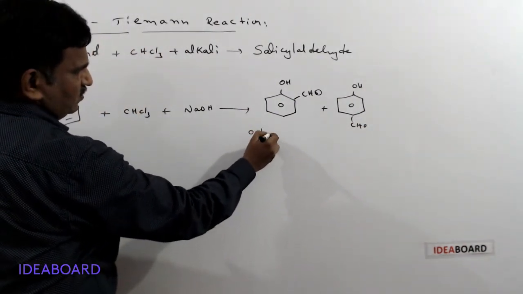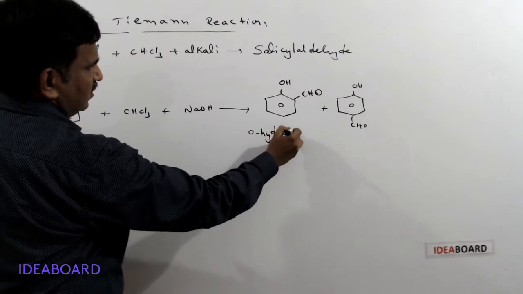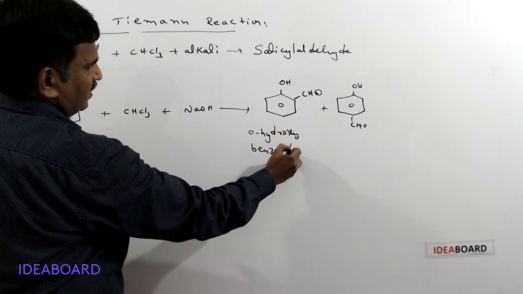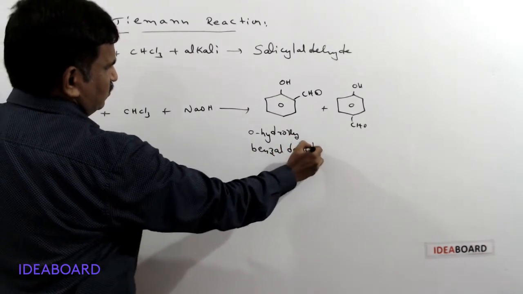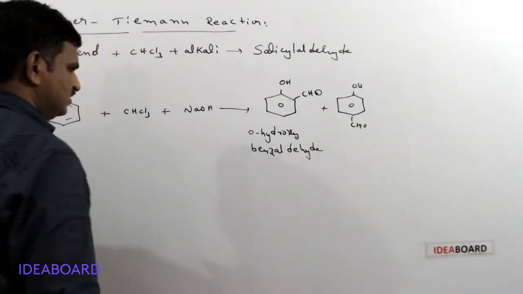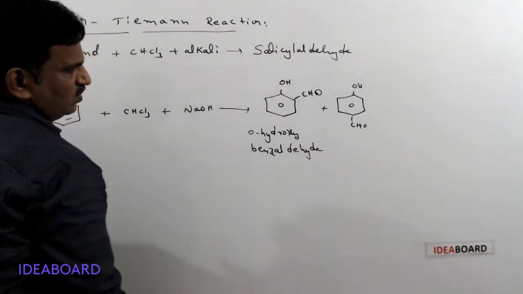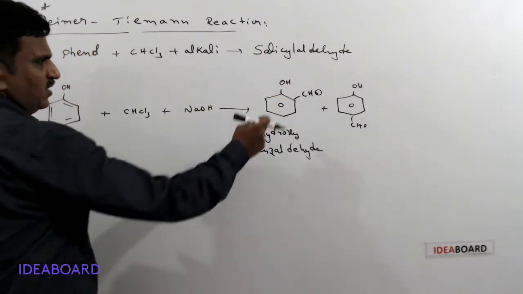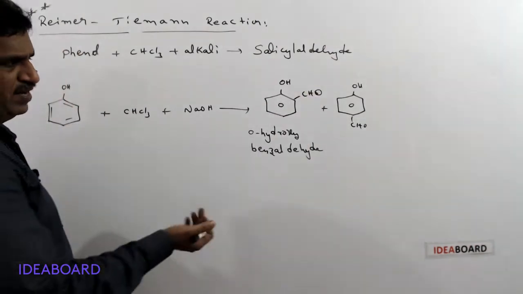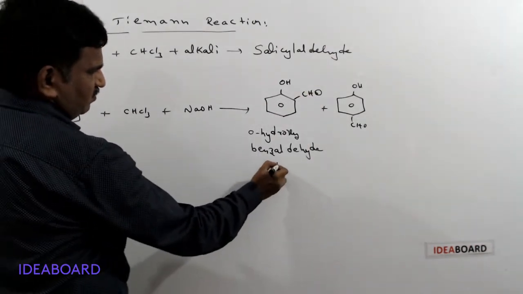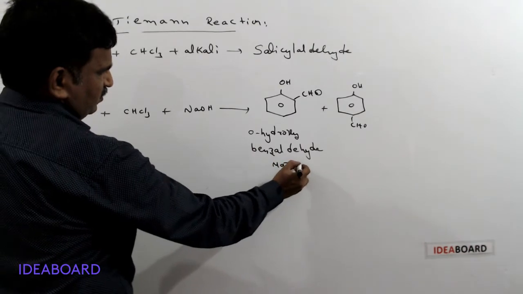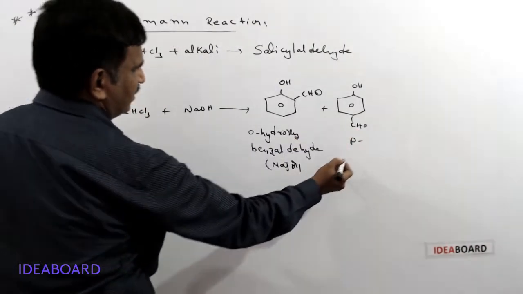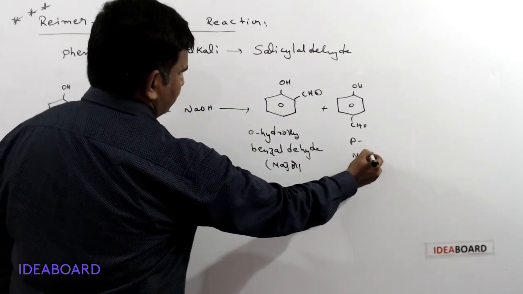This is called ortho-hydroxybenzaldehyde, also known as salicylaldehyde. The common name is salicylaldehyde, or ortho-hydroxybenzaldehyde, or 2-hydroxybenzene carbaldehyde, the IUPAC name. This is the major product, and para-hydroxybenzaldehyde is the minor product.